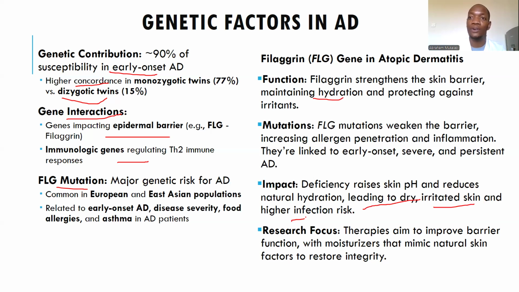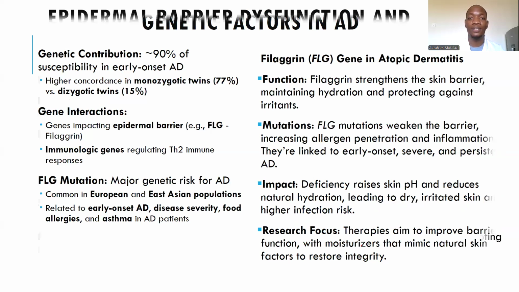So you favor colonization of bacteria that can thrive in a more alkaline pH, and that is Staph aureus. So research currently is focusing on how to improve the skin barrier function with other things that can mimic the natural moisturizing factor of the skin, and we find ourselves using things like emulsifying ointment to try and replace what is deficient in someone's skin.